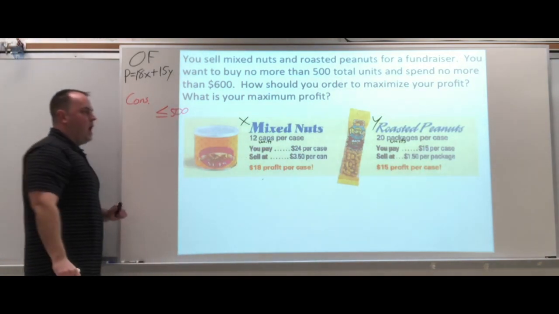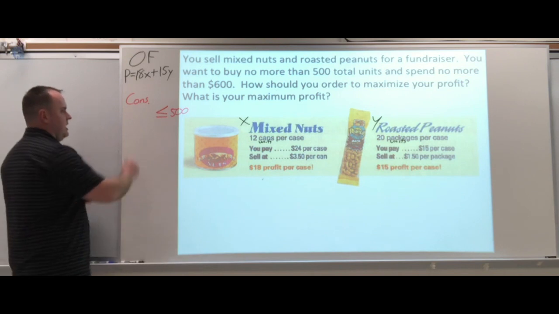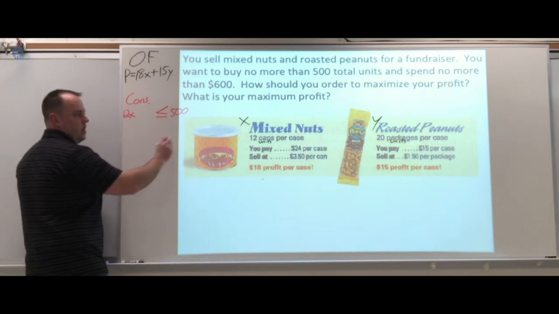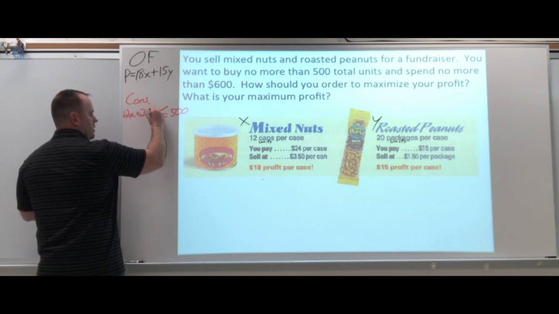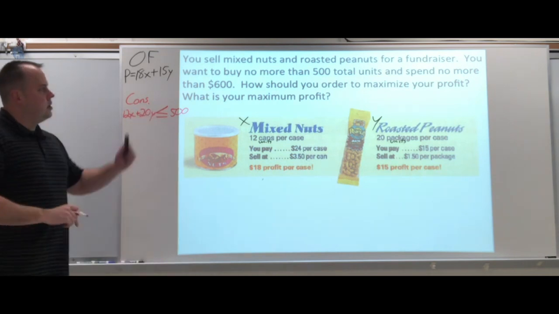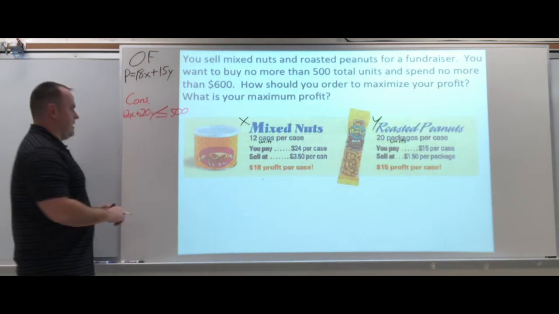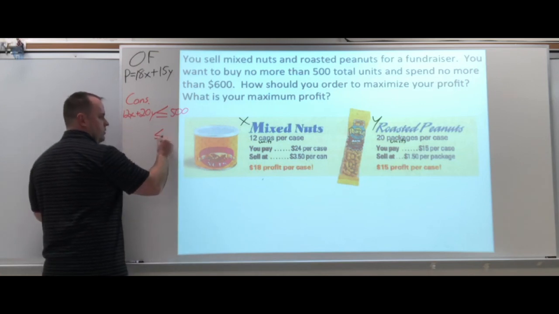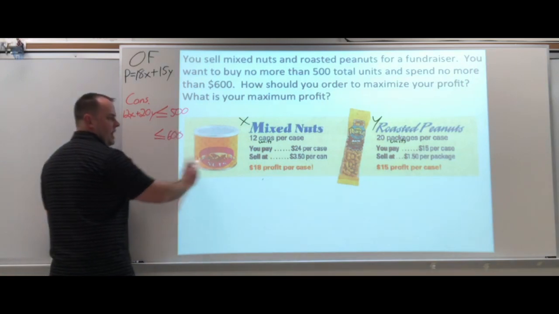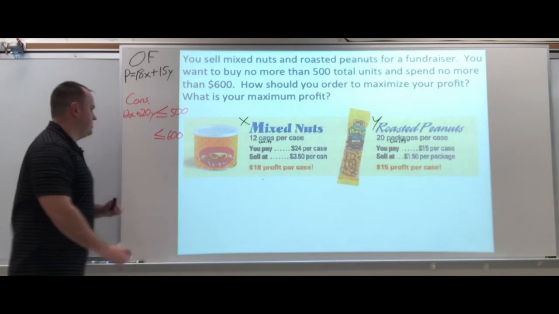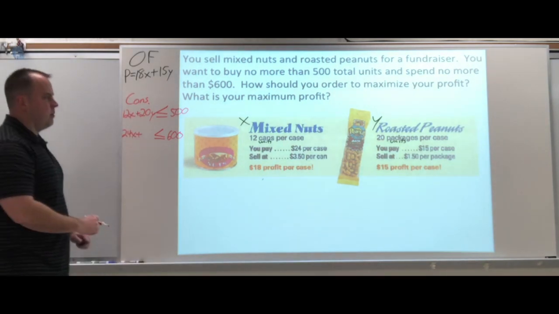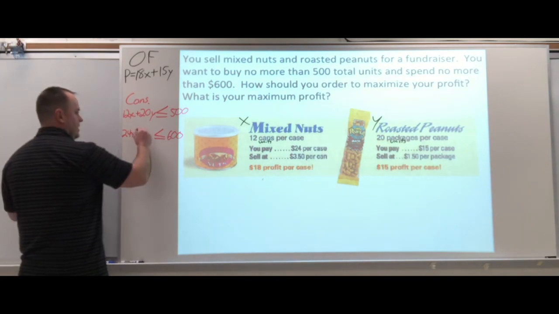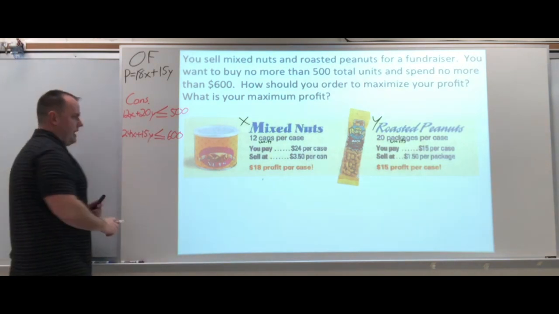Here we had 12 units per mixed nut case, so 12x, and 20 for the roasted peanuts, 20y. You spend no more than $600. So again, less than or equal to $600, and now we're looking at how much you pay per case: $24x plus 15y for the roasted peanuts.